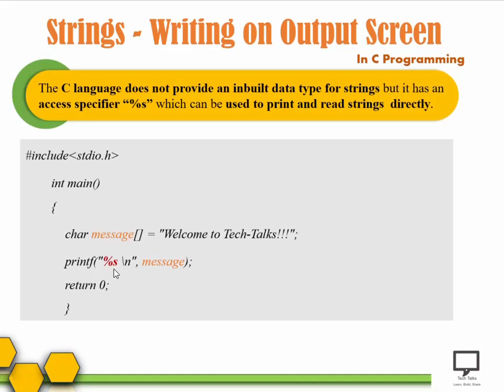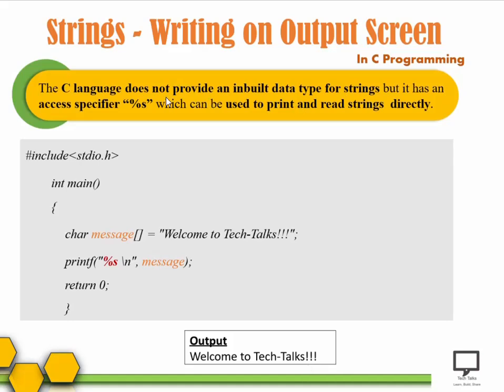Here I am printing it with %s, the access specifier used to print the string, and the string we want to display is message. So what will the output be? The output will be welcome to Tech Talks.